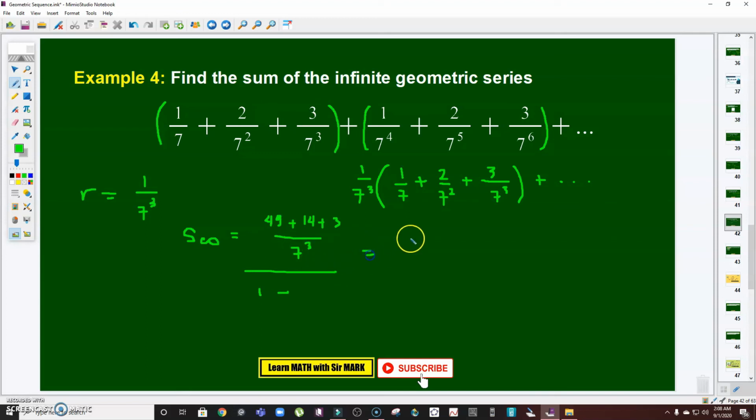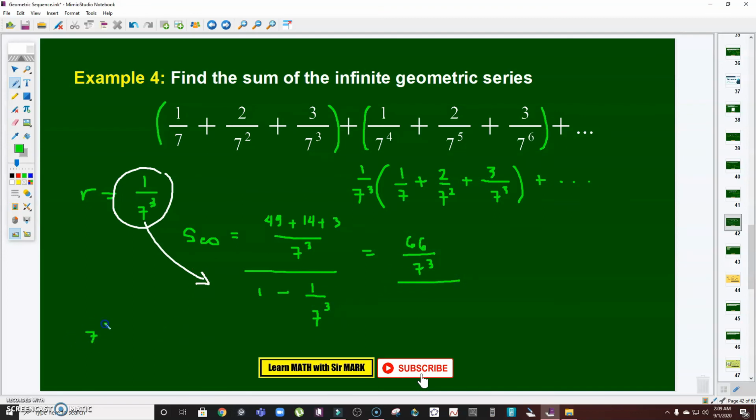So, meaning to say, yung numerator ko is already 66 over 7 cubed, all over 1 minus, ano ba yung common ratio ko? Again, ang common ratio ko is 1 over 7 cubed. So that's what we're going to substitute here. So that is 1 minus 1 over 7 cubed. See that? And what is 1 minus 1 over 7 cubed?